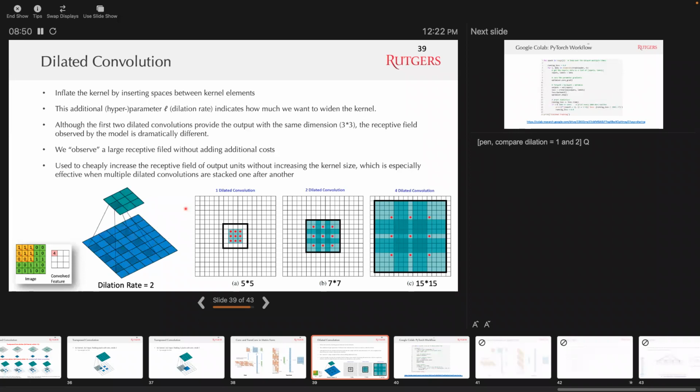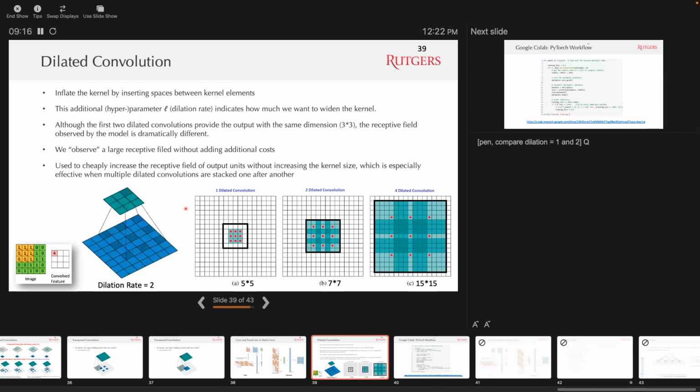Any thoughts? Yeah, right, 5 by 5, exactly. So the collective receptive field of this output feature map is 5 by 5. That means these 9 pixels are looking at this 5 by 5 region in the previous step, right?